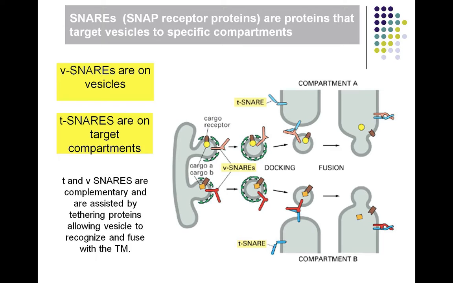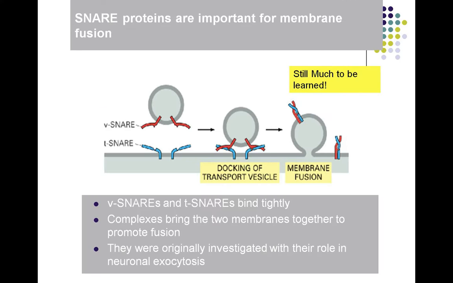They recognize each other with the assistance of tethering proteins, so that docking will be successful, and eventually fusion of the donor vesicle, the donor membrane, to the recipient membrane will be possible. Now, I mentioned the V-SNARE and the T-SNARE already, so I won't elaborate on this slide anymore.